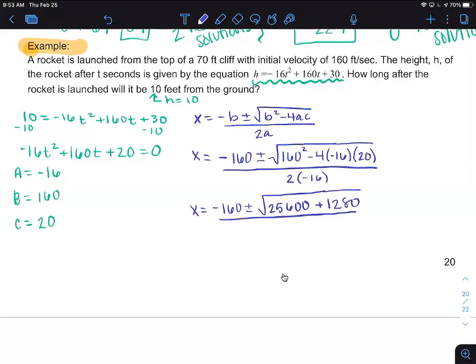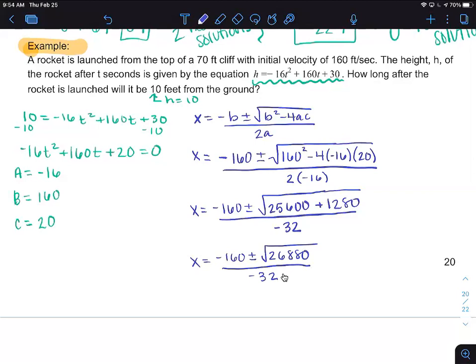And we're all divided by -32. Okay, so order of operations, we're still going to simplify inside. So if we add those like terms, we get x equals -160 plus or minus the square root of 26,880 divided by -32.